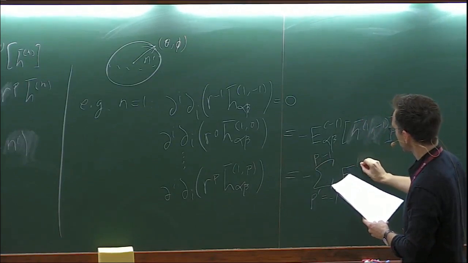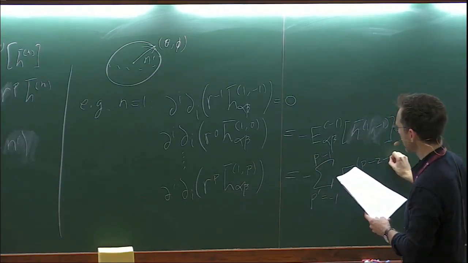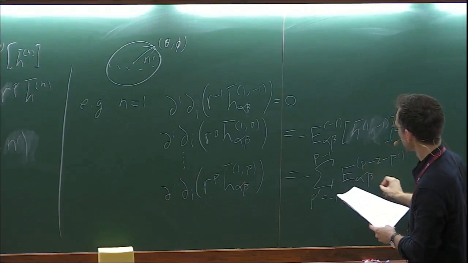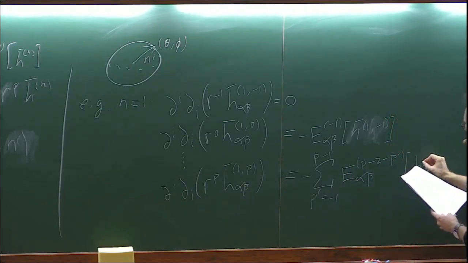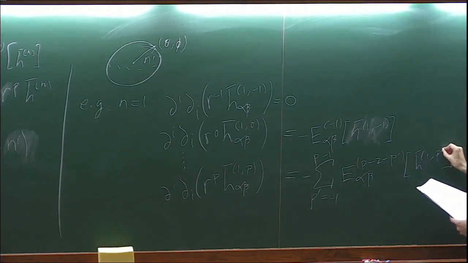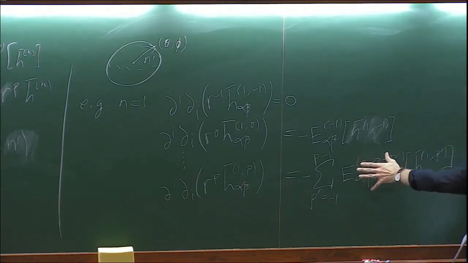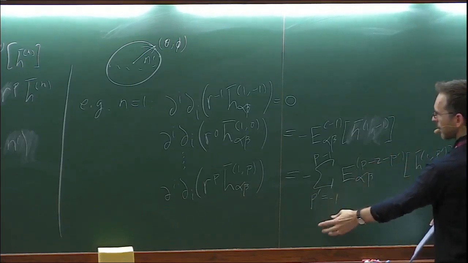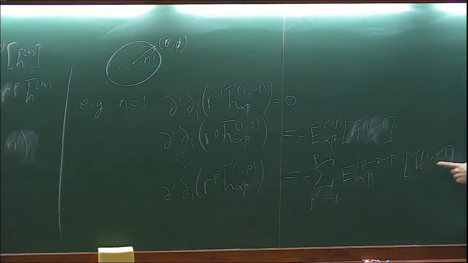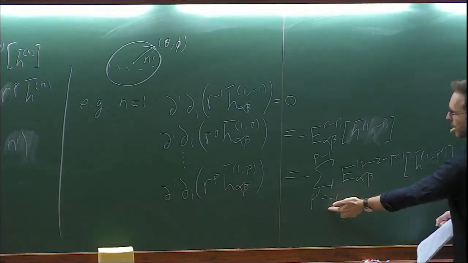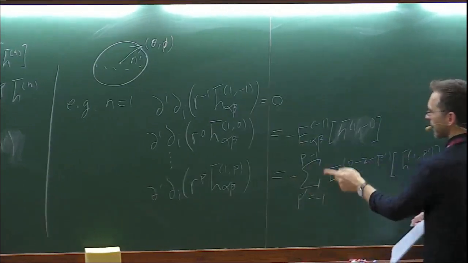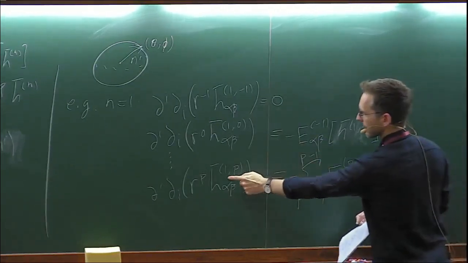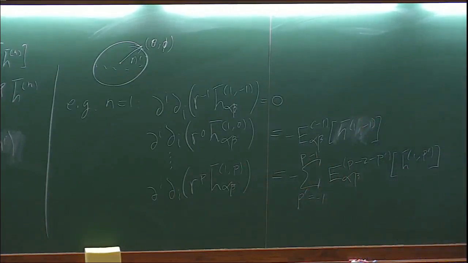And then we have e superscript p minus 2 minus p prime alpha beta constructed from h bar 1 p prime. So don't really worry about the superscripts or anything. The key point is that you just have a sum over lower order terms or lower powers of r. P prime runs from the first power, the very first one, minus 1, up to one order lower than the order you're trying to solve for. So you can just solve this order by order algorithmically.